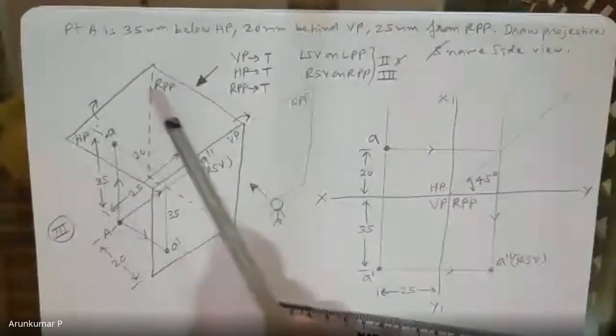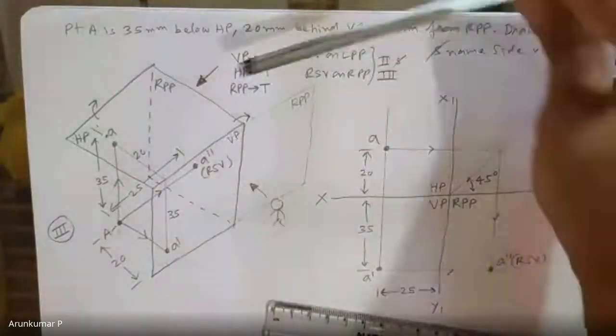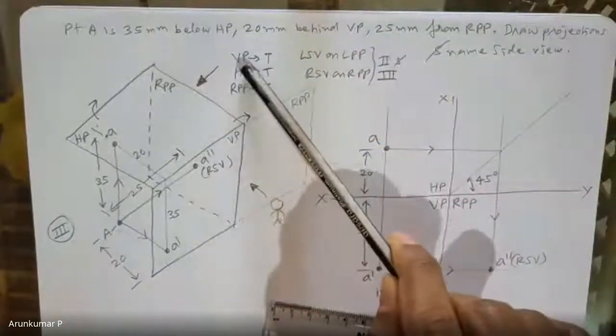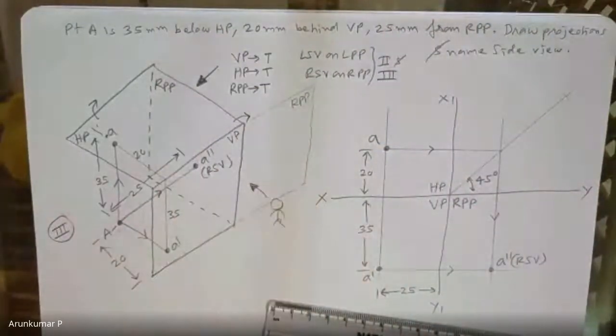As you see in this case, this is RPP, you are looking from the right. When you look from the right, you are getting a right side view on a right profile plane. As you have got it here.